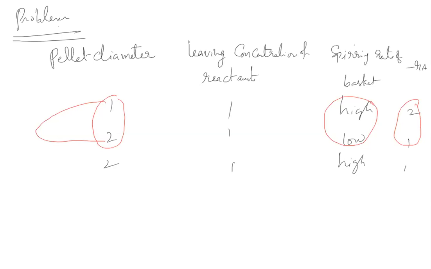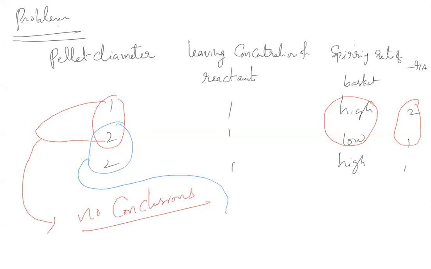No conclusions, because my rate can change because of pellet diameter or because of stirring speed. Clear, no? Now let's take these 2 points. From these two, what can you conclude? My diameter is the same, but I am changing my stirring speed, and my rate is not changing.